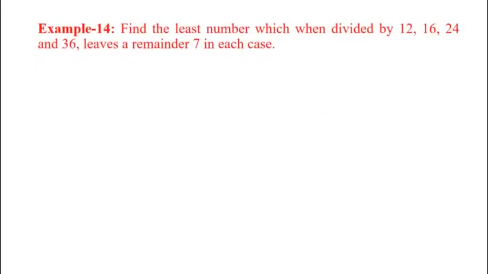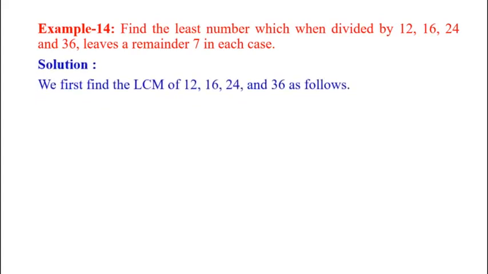Next, example 14. Find the least number which when divided by 12, 16, 24 and 36 leaves a remainder 7 in each case. Solution. We first find the LCM of 12, 16, 24 and 36 as follows.